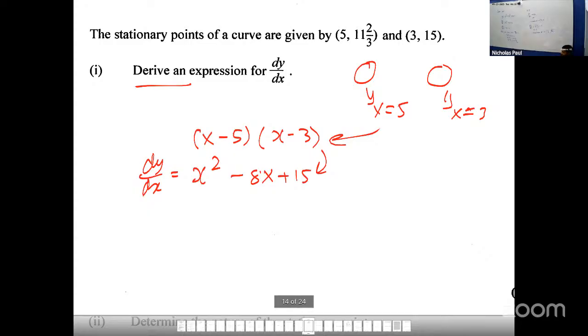Hurry up, find the nature, please. Already done? I showed some people, but I don't remember. That's how you get that one.